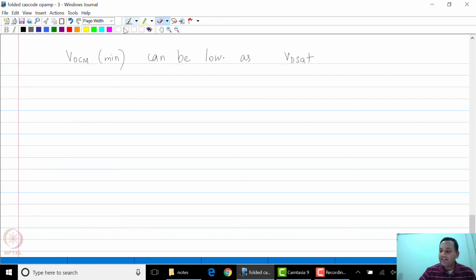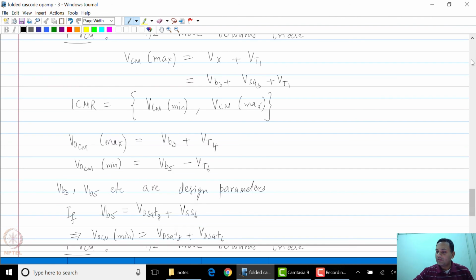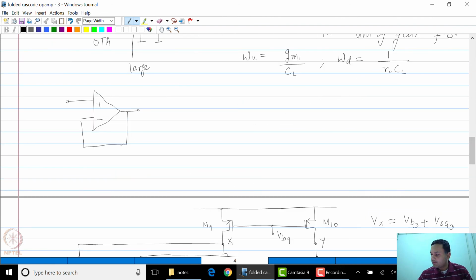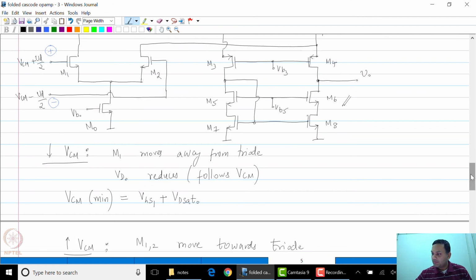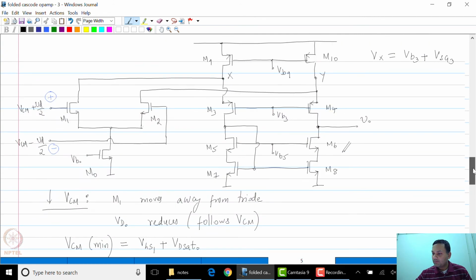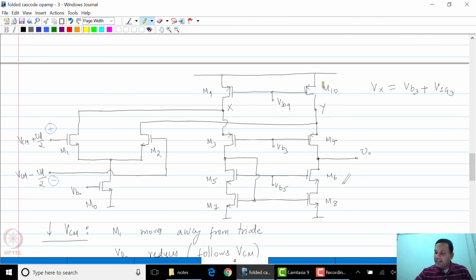In other words, it is VDSat8 plus VDSat6. And similarly, VOCM max can be as high as VDD minus VDSat10 minus VDSat4.